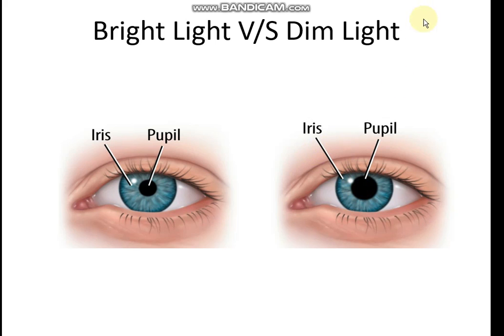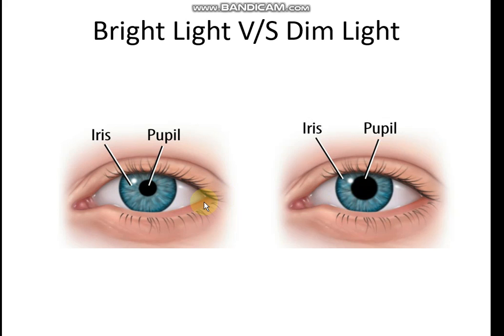As a result of pupil dilation, more light will be able to enter and a focused image is formed. So this is how you will be able to see in bright and dim light.